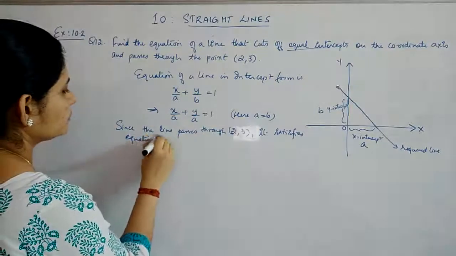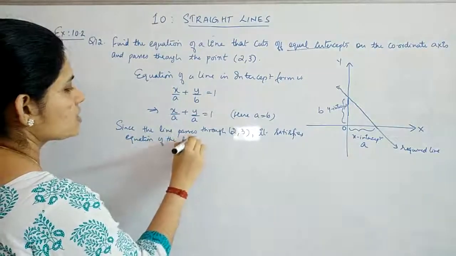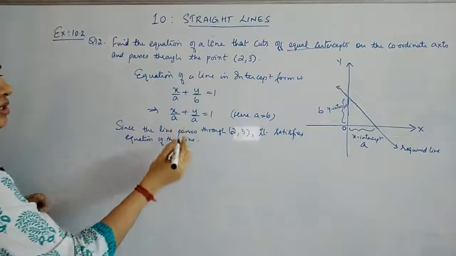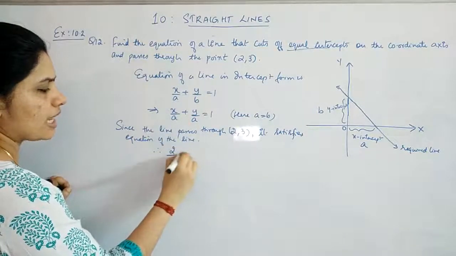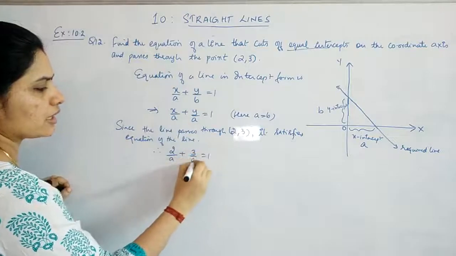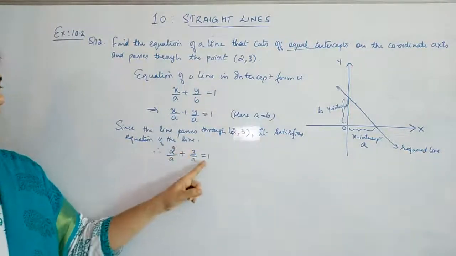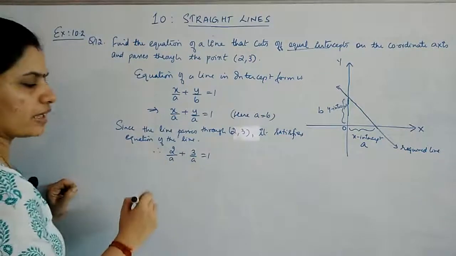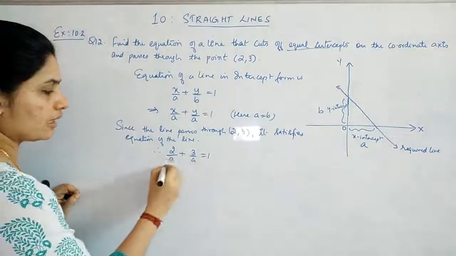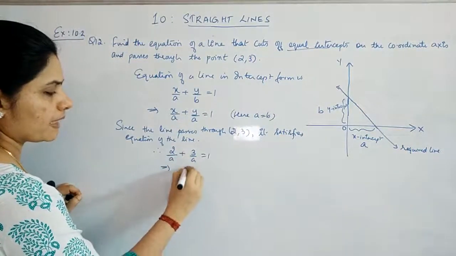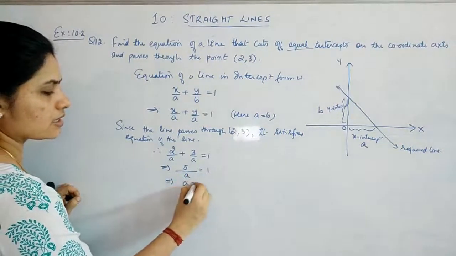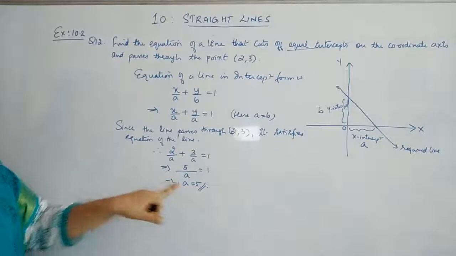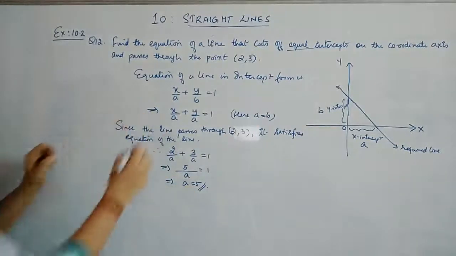Now what is the equation of the line? This one. Here you are just replacing x with 2 and y with 3, so that you get 2 by a plus 3 by a equal to 1. From this you can find out a. This will give you 5, so a is equal to 5. When you get the value of a, you have to replace it in the equation.